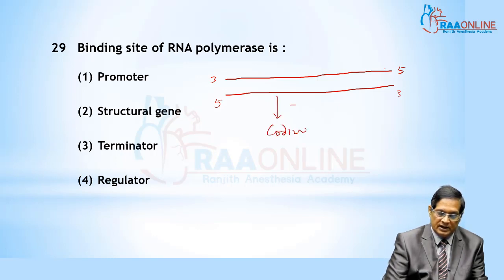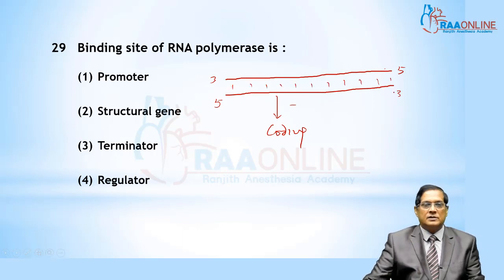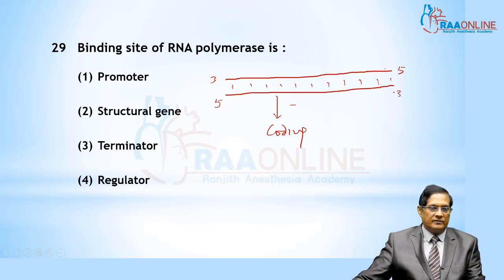The transcription unit comprises, number one, with respect to the coding strand, a promoter present in the beginning, and this promoter is the binding site of RNA polymerase enzyme.